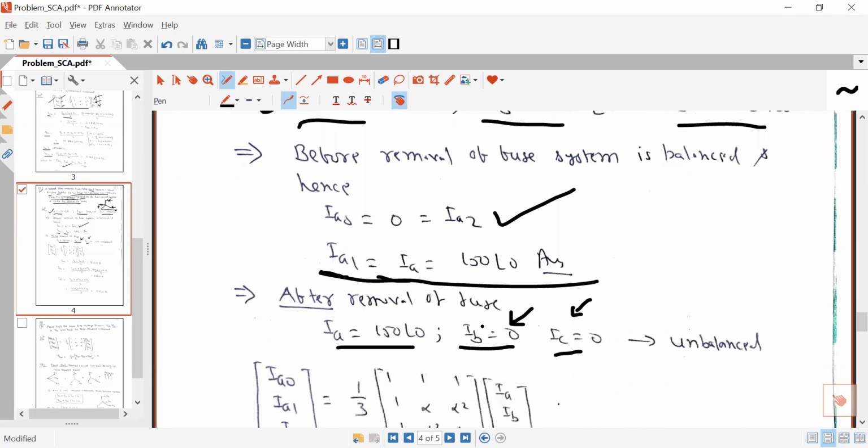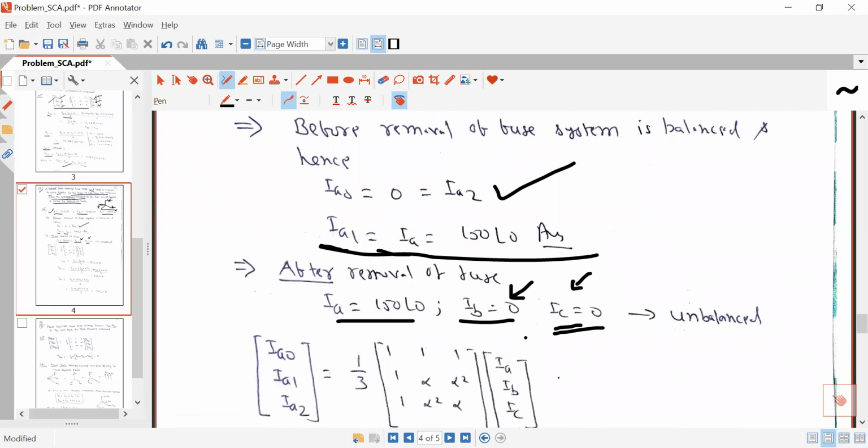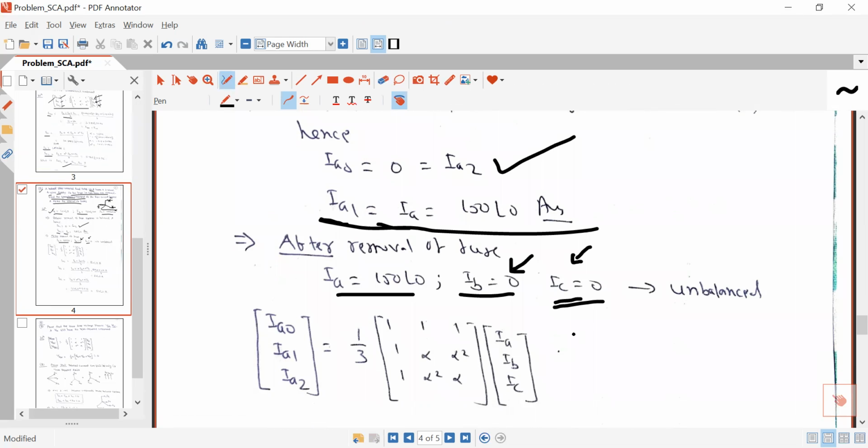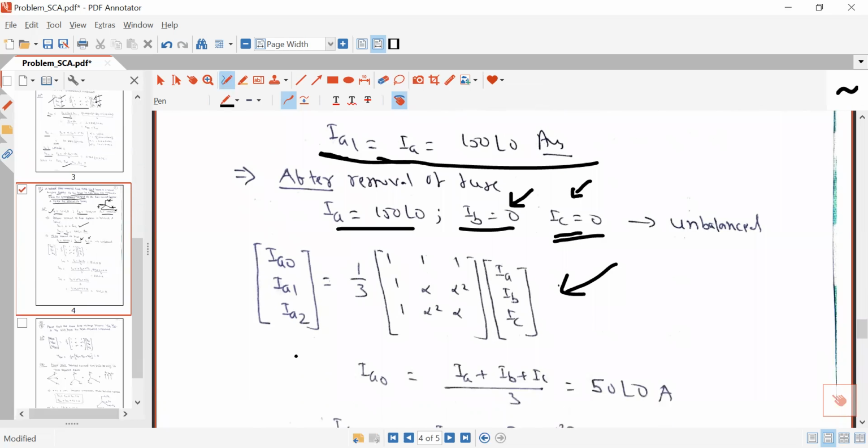When the fuse is removed, what will happen? In the phase in which the fuse is removed, the current will be equal to zero. So the phase currents will be this when the fuse is removed. Now you have to use the analysis equation because here the unbalanced phasors are known and you have to calculate the sequence components. From this analysis equation you can find the value of IA naught.